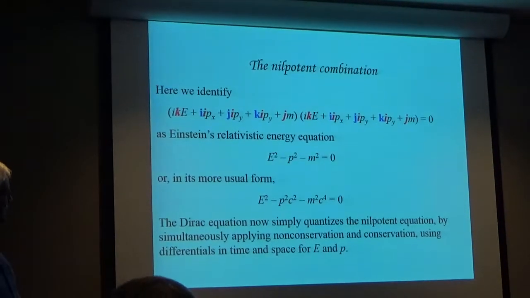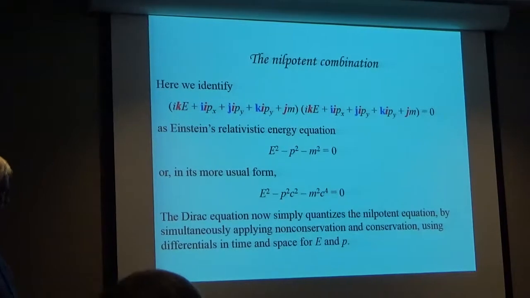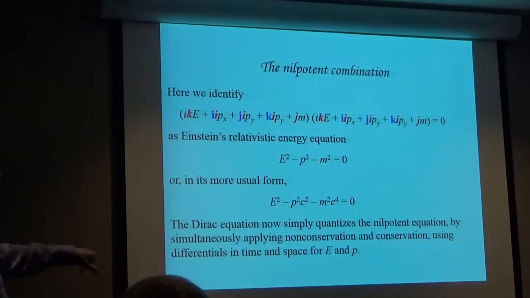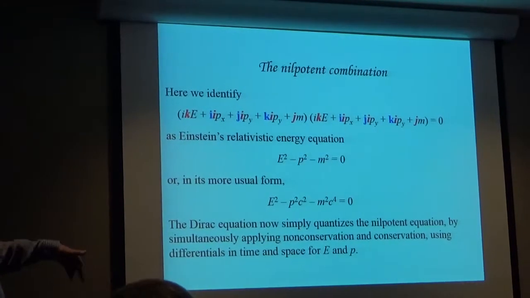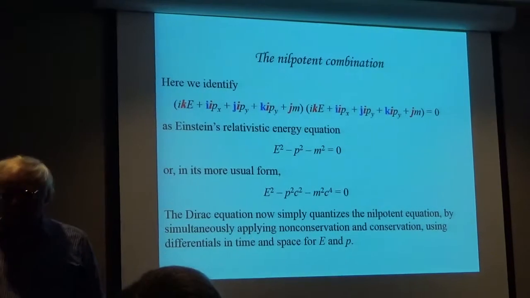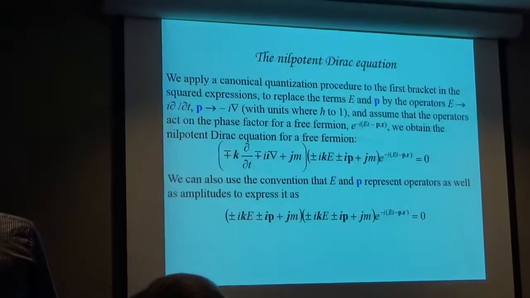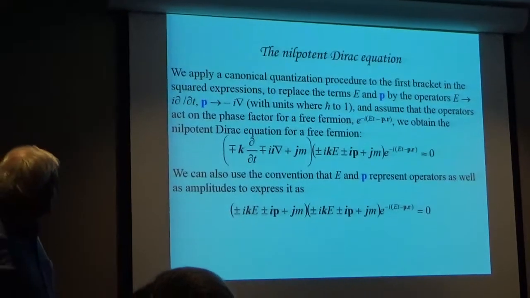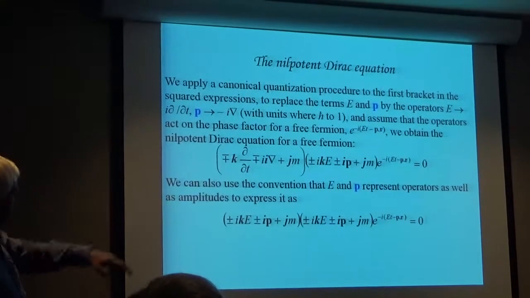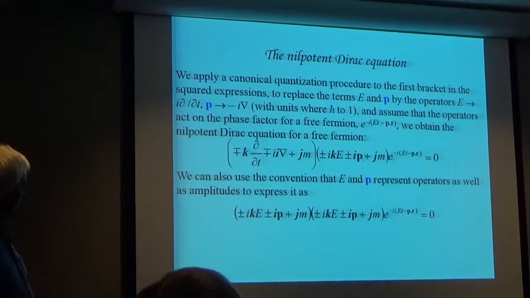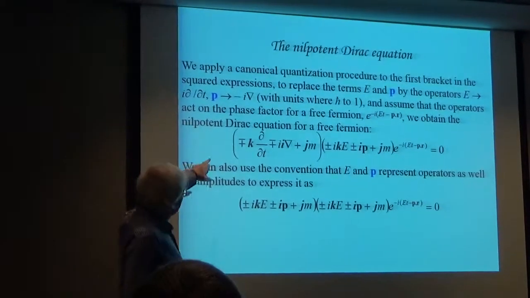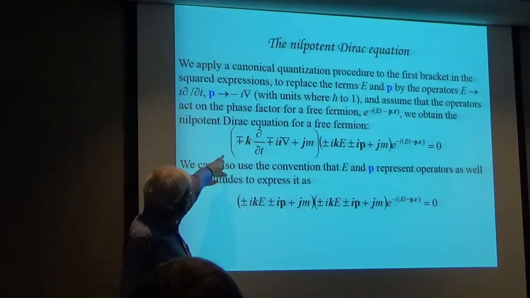And if we want the Dirac equation now, all we do is simply apply conservation and non-conservation. And I've explained this elsewhere, but I don't want to do it today. So we apply the first bracket to non-conserved quantities, the second bracket to conserved quantities, and we get a version of the Dirac equation, and here we're choosing to write down the free particle one.